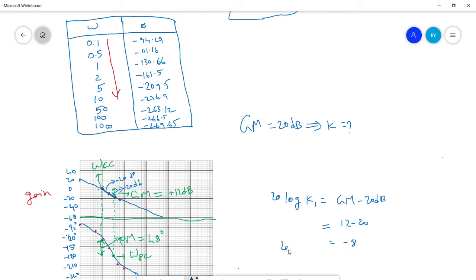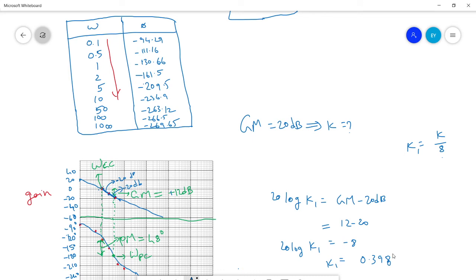So 20 log K1 is equal to minus 8, and if you compute K1, you will get 0.398. But from the equation, we substituted K1 is equal to K by 8.